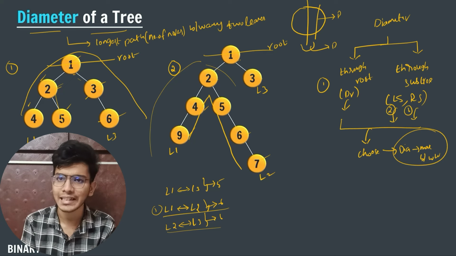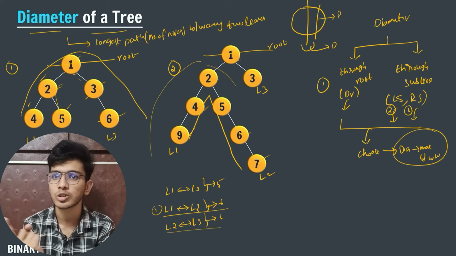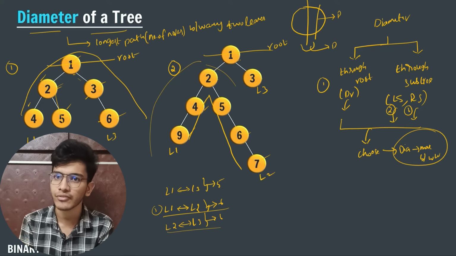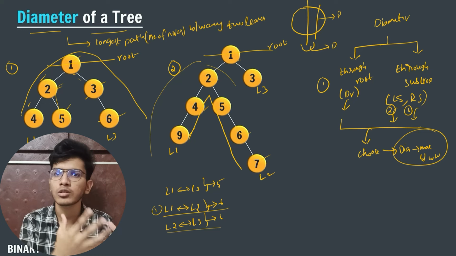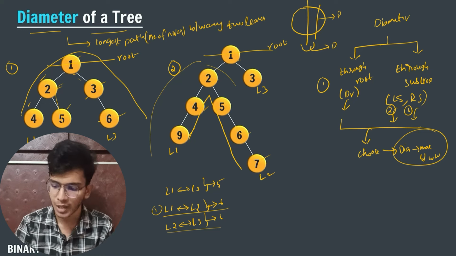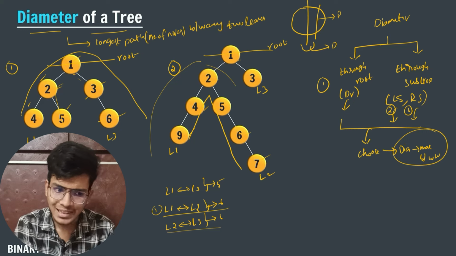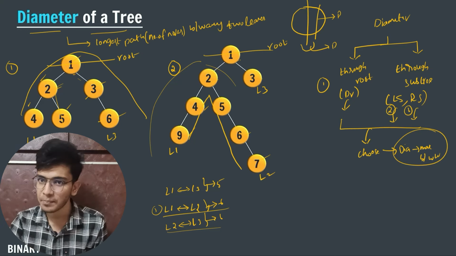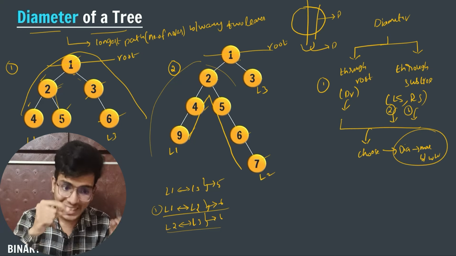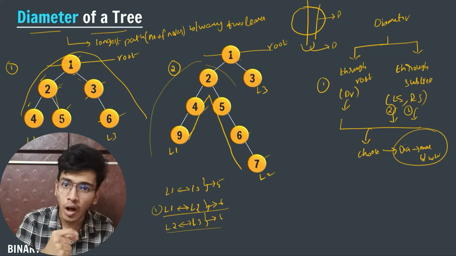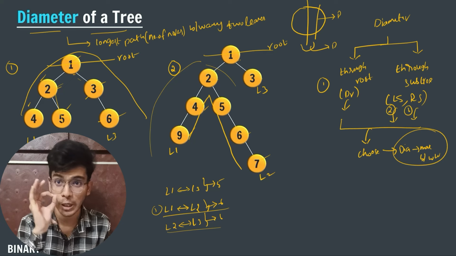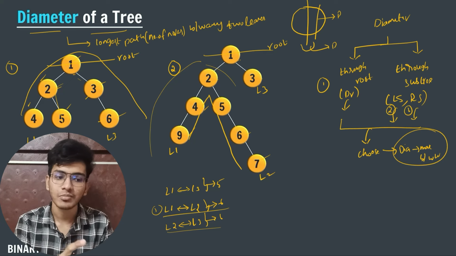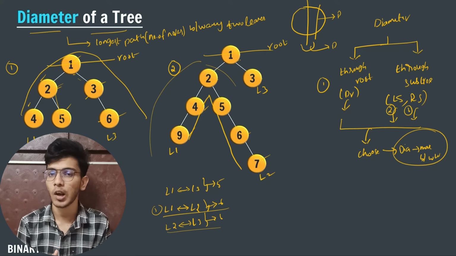Irrespective of that, I can get the longest path from these two possibilities, through my root node or through my subtrees. In the first diagram, I am getting the longest path through my root node. In the second diagram, I am getting my longest path through a subpart of my tree. I hope you got the logic.